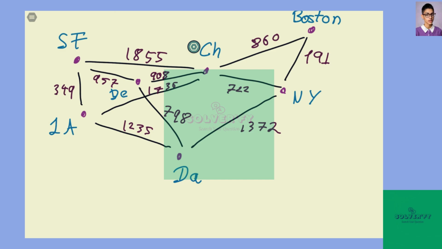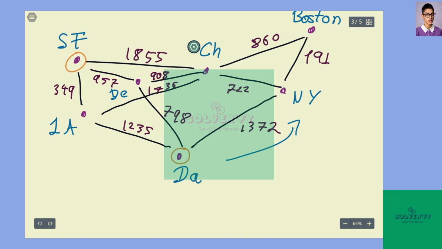Okay. Now we should go from Dallas to San Francisco. So now we start at Dallas and then we want to go to San Francisco. Clearly we cannot go this way, because that will be a lot bigger distance.